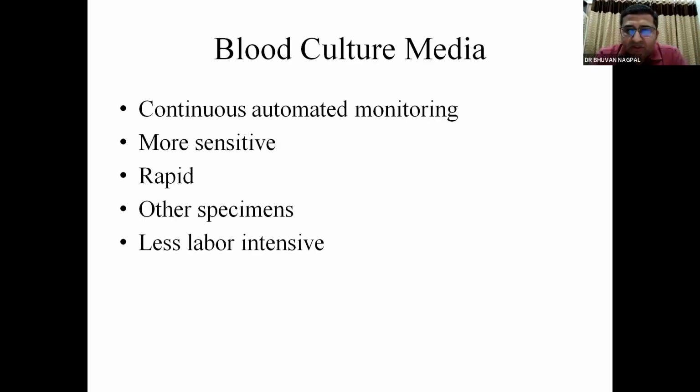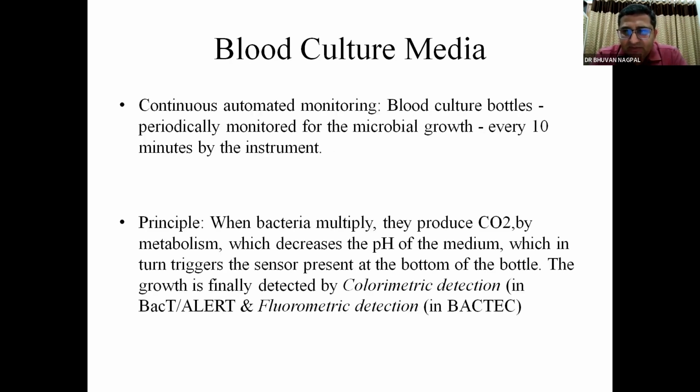Now, Dr. Amber, your one slide was there before. You can explain about the BacTec, the newer technique. BacTec is an automated system. In a manual culture, today morning you have seen the bottle.